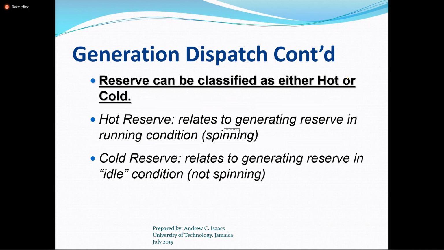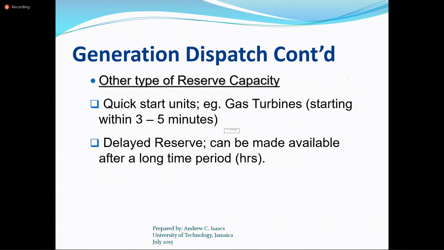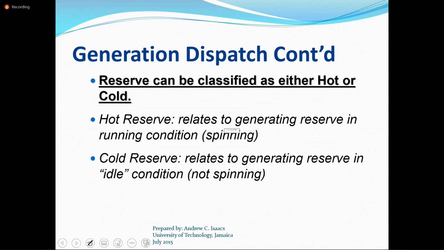Now, reserve, we can classify it as either hot or cold. Now, remember I just said that you have units that can come on the system within 3 or 5 minutes. So it means therefore that these units would be off and they'll be sitting down, ready to be engaged when necessary. But there are also units that are on the system, they're operating, but I would say they are spinning.